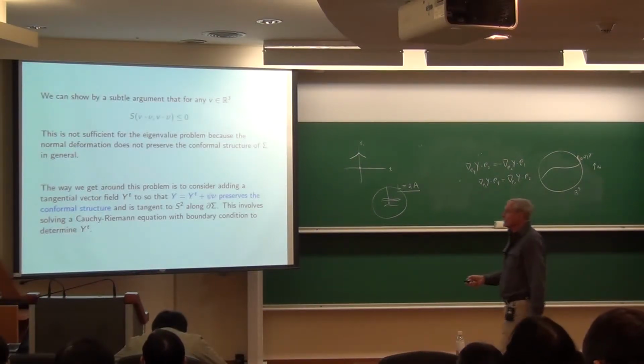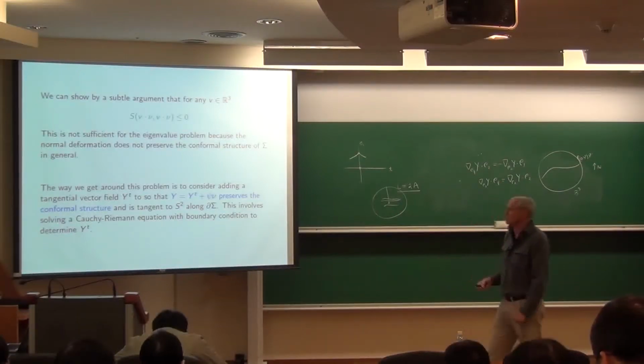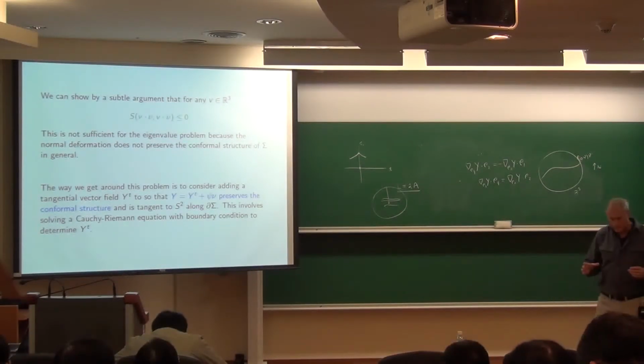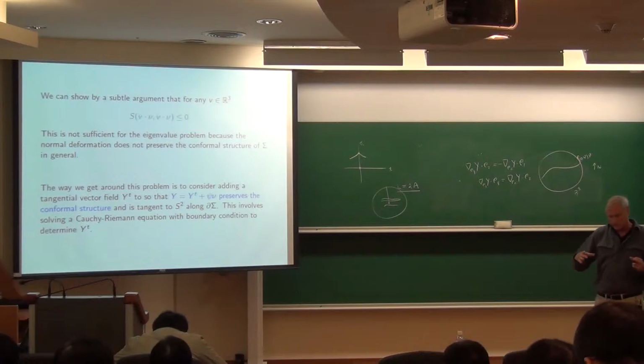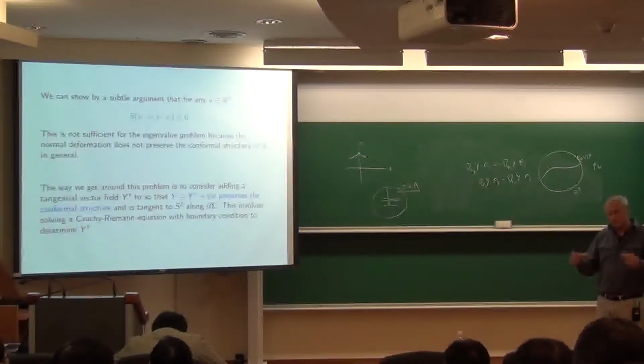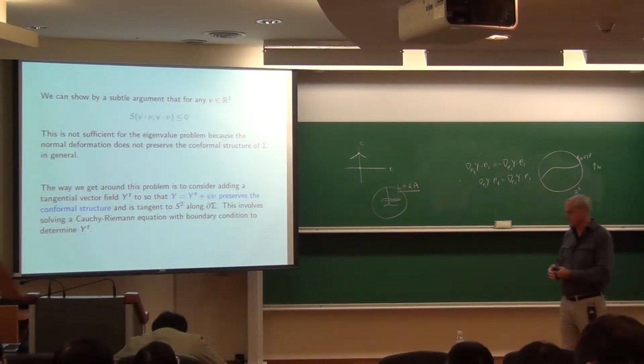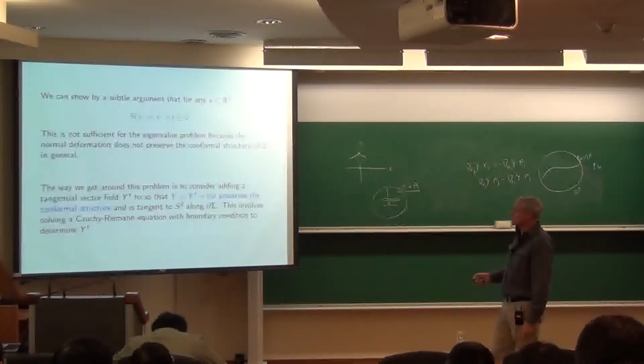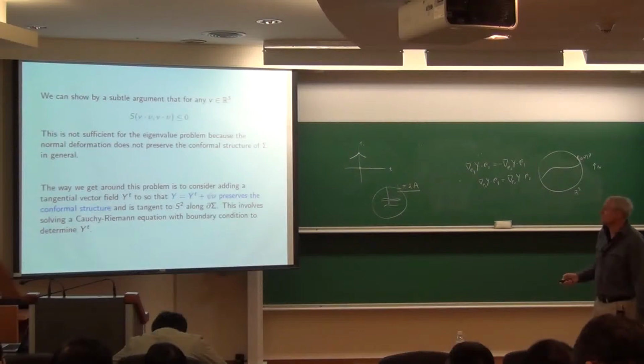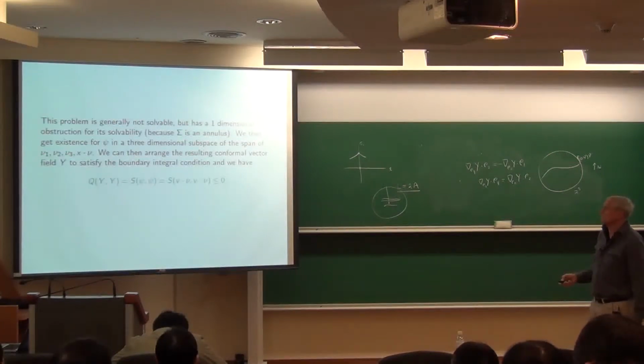And it turns out if you write that down, it's a Cauchy-Riemann equation with a boundary condition, because you want y to be tangential at the boundary. So you need the vector field y to be tangential to the sphere, so the tangential part has to be tangential to the surface along the boundary. Okay, and so that's a Cauchy-Riemann equation with boundary condition, and so we can analyze it.